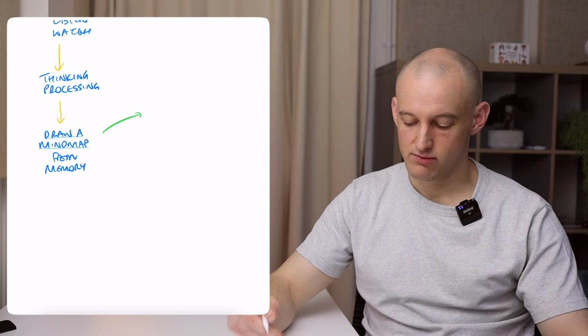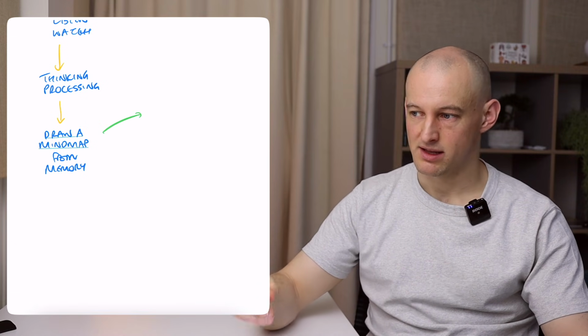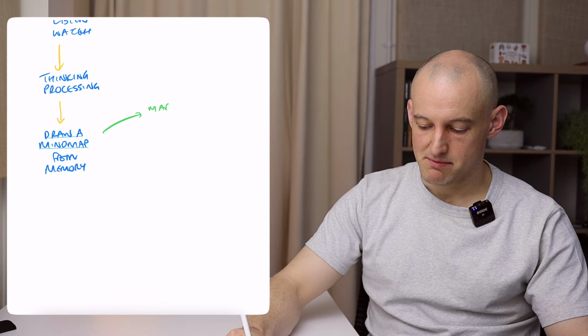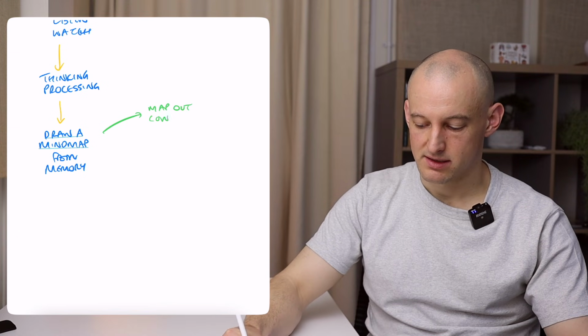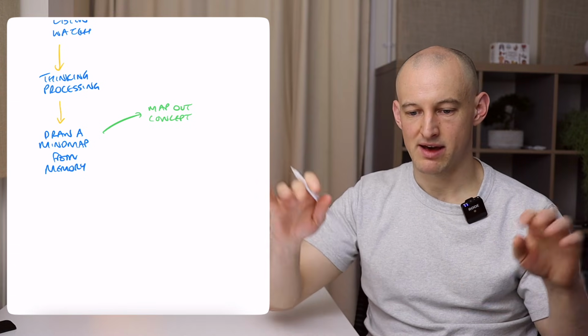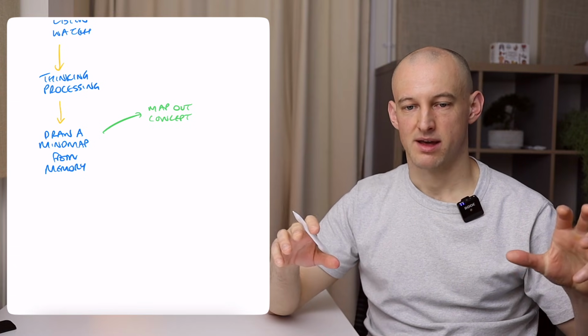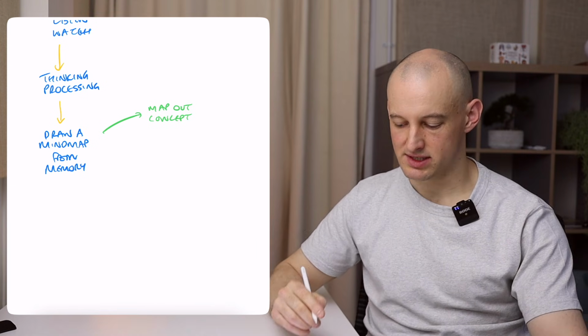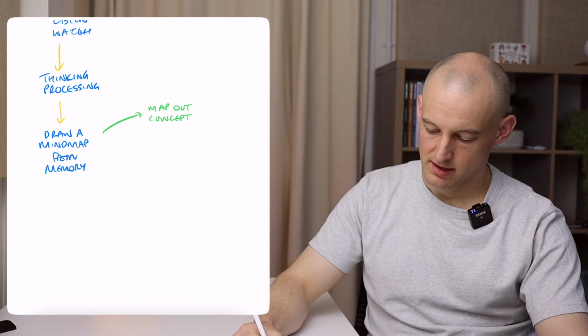And while you're drawing this mind map from memory, you're trying to map out the concept. So you're taking the bigger picture, and then you're trying to map out the branches of the mind map, looking at increasingly more detail on that topic.